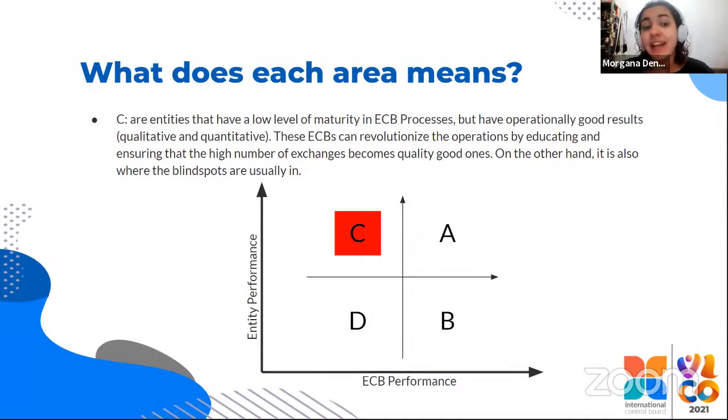But at the same time, this is usually where the blind spots are, because some entities are not compliant, and sometimes we have results that are not really real, because we don't have the right process to track them. For example, the risk of having cases that are tampered with, or even breaks that are not done because we don't have the process, is very high in these specific entities. So we have both scenarios in this area.